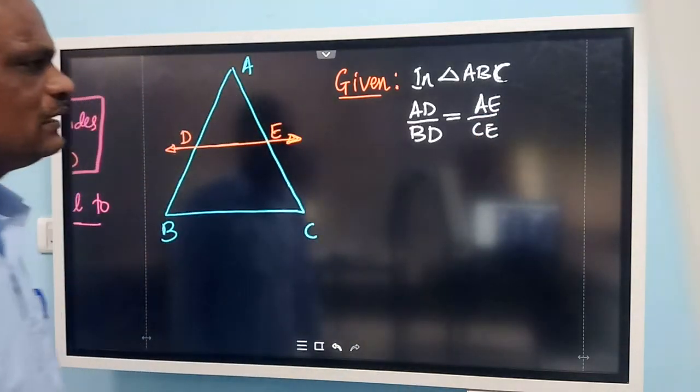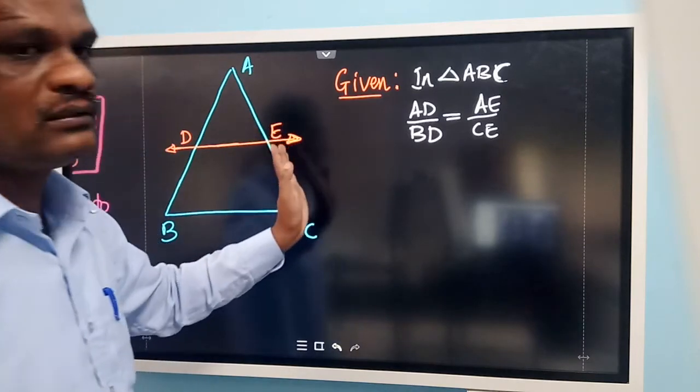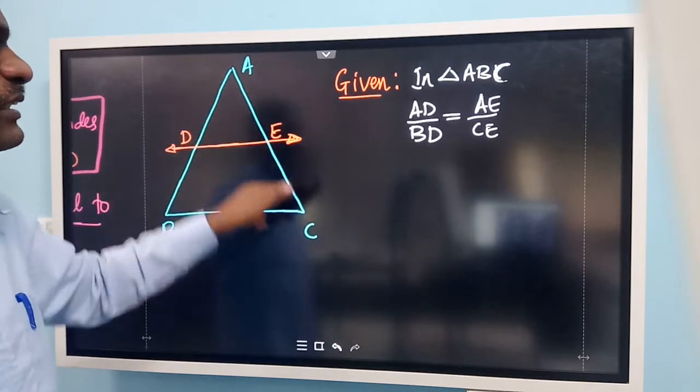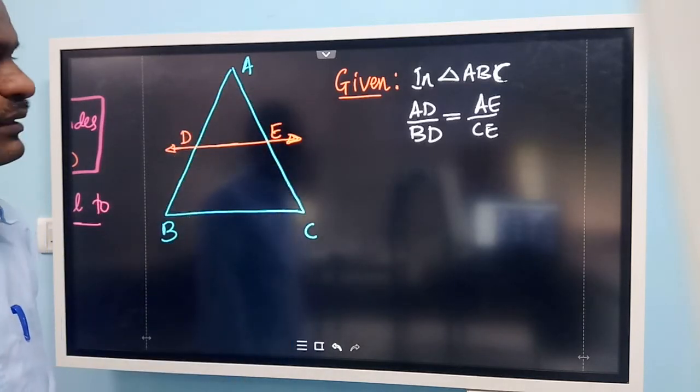Otherwise you can write: in triangle ABC, a line DE is drawn such that AD by BD is equal to AE by CE. Like that you can write.